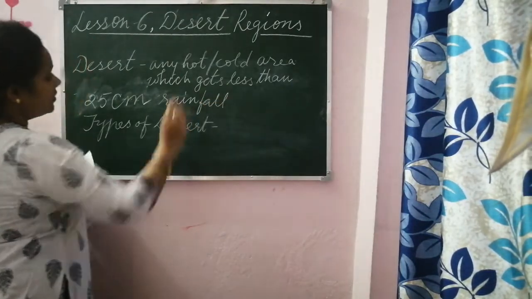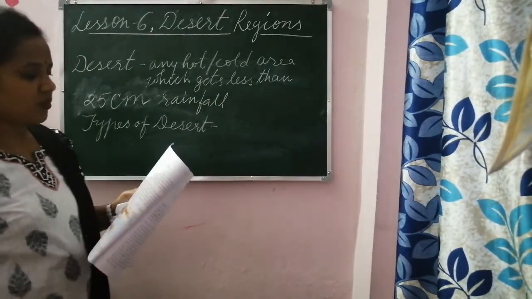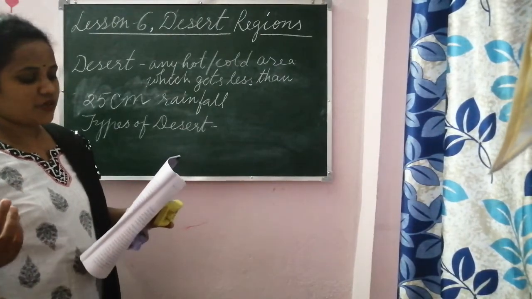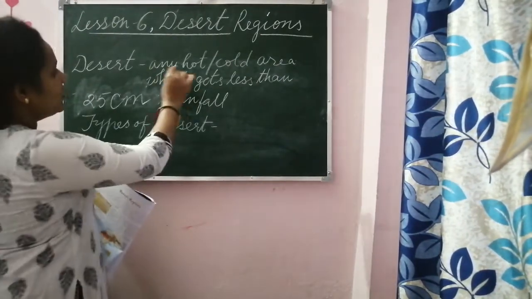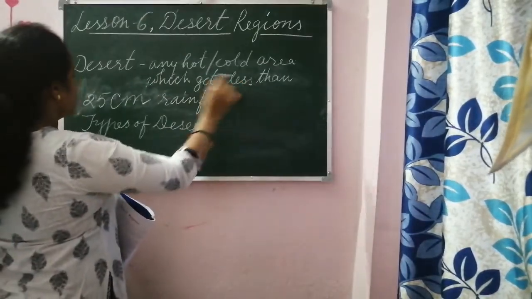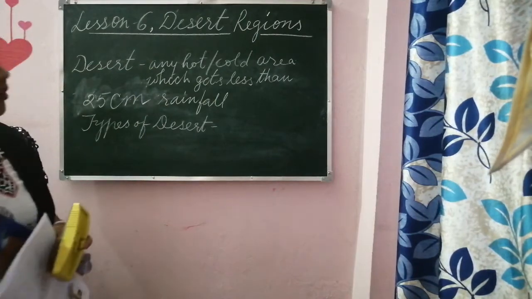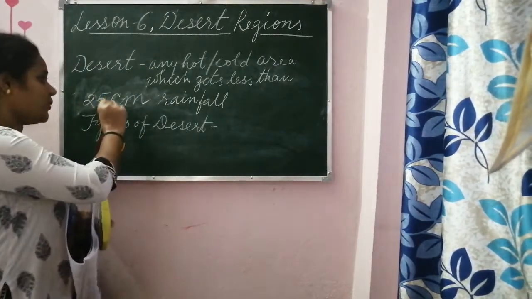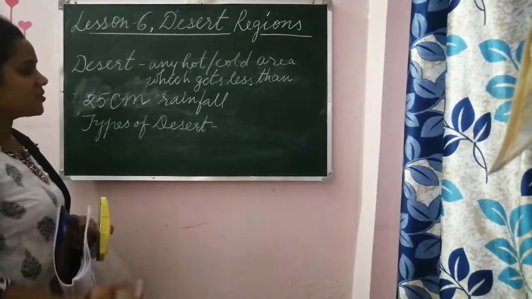So is it clear what a desert is? Any hot or cold land area which gets less than 25 centimeter of rainfall is your desert.